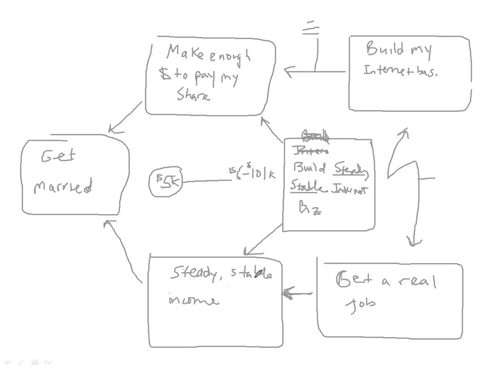Now these needs can adjust and change over time. Once your income is steady and stable, that's not the need anymore, right? There could be another need to spend more time together or to grow a family, something like that. Then the need can change over time.